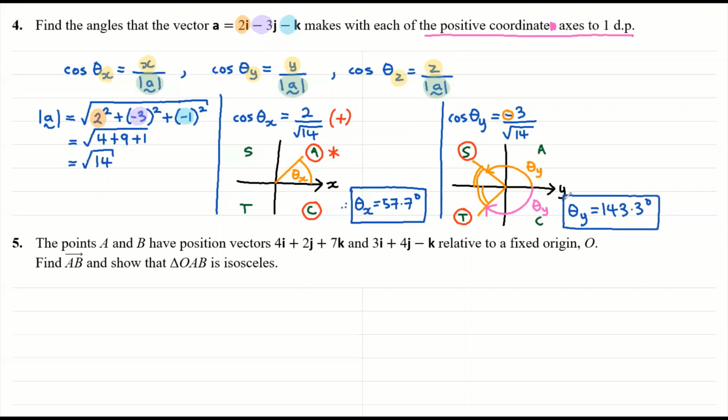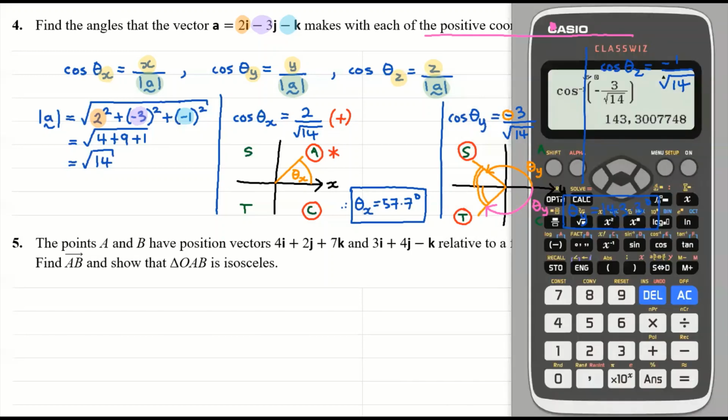Okay, and then finally, and I won't draw a diagram for this one, cosine of theta z is of course just going to be -1 over root 14. So what I'm going to do now is edit what was on the calculator a moment ago.